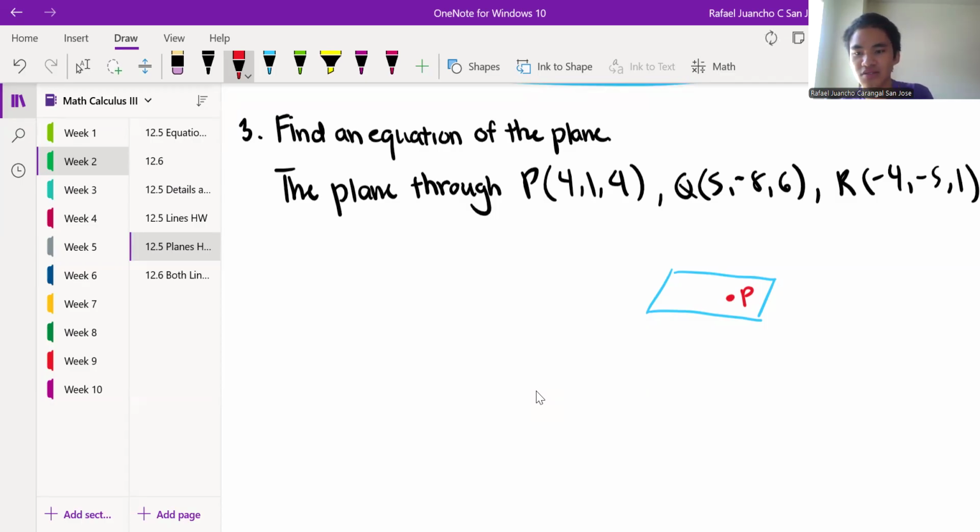This is not drawn to scale. Q and R are maybe here, and let's say they connect to each other like that.